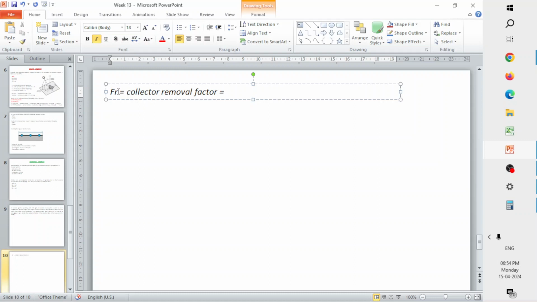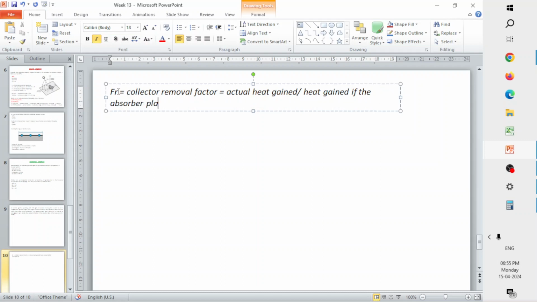This is nothing but the actual useful heat gain to the heat that can be gained if the absorber plate was at the inlet fluid temperature.